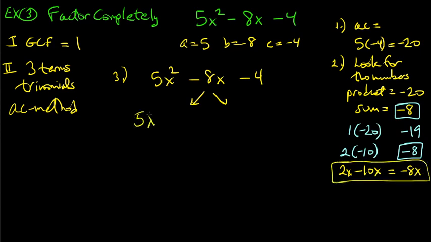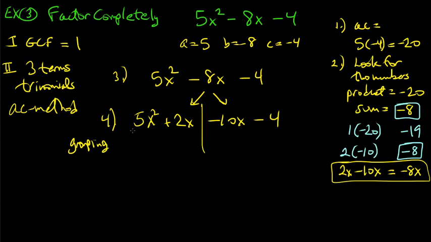So we still have 5x squared plus 2x minus 10x minus 4. And finally, step 4, now that we have 4 terms, we factor by grouping. And we did that in the last problem.